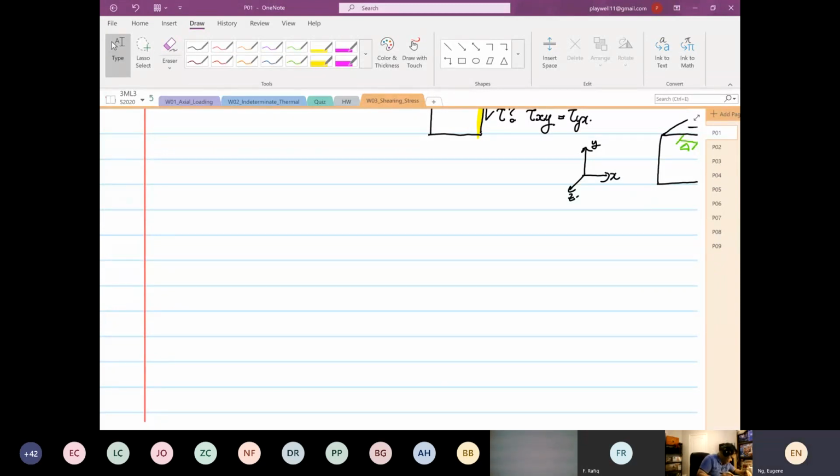No? Okay. So the shear flow, or another term is the horizontal shear per unit length.